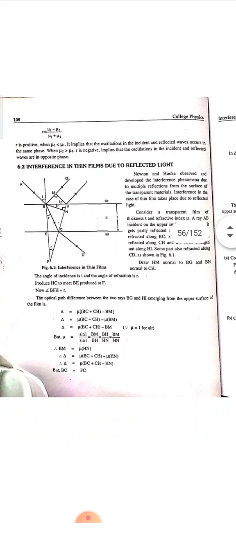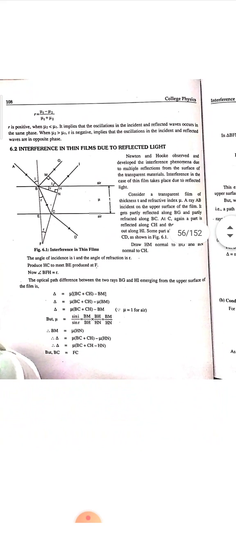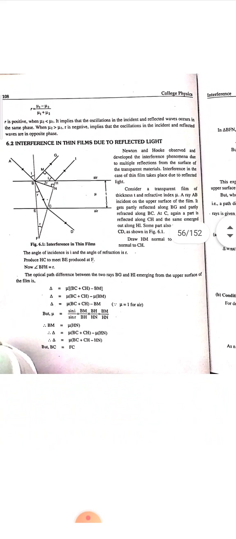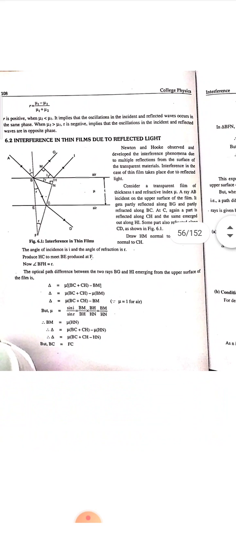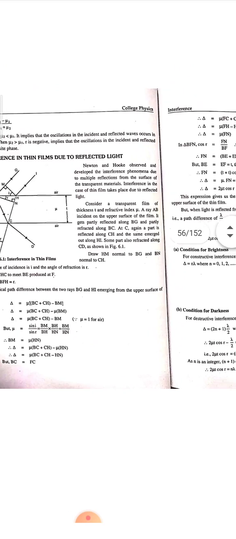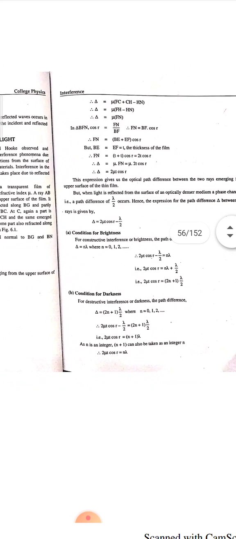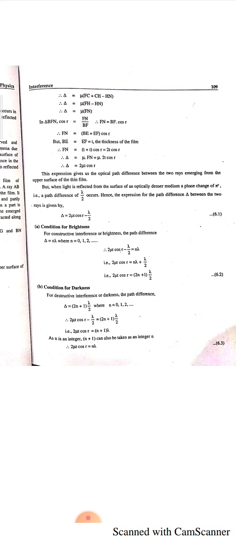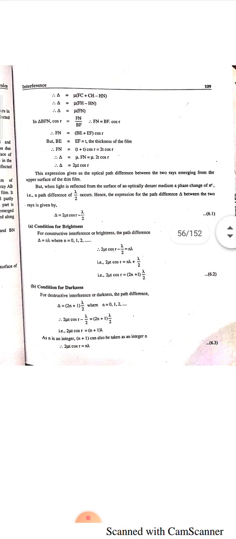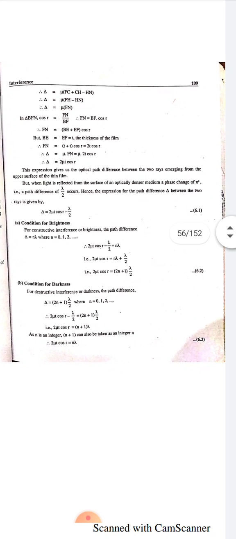Then interference in a thin film due to reflected light. Here you can see how the interference occurs. We are not going into the theoretical part or the derivations. Here you have to remember the optical path difference between the two rays emerging from the upper surface of the thin film, given by delta equal to 2 mu t cos r.